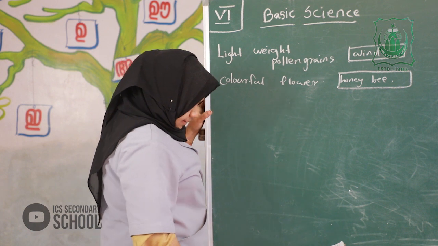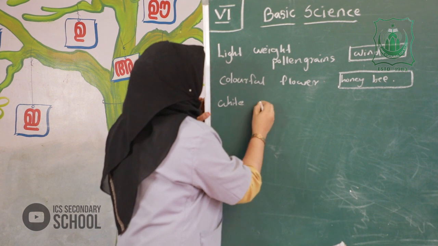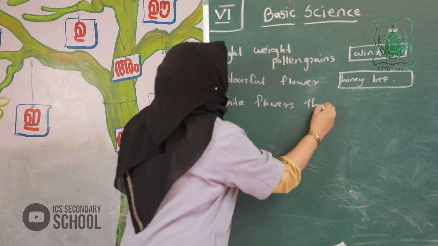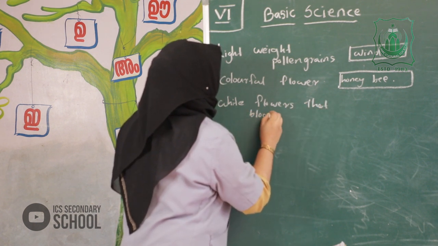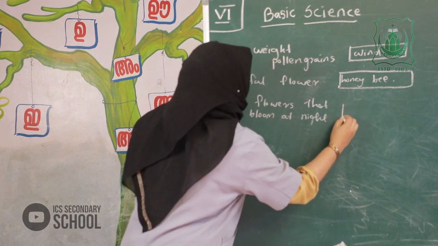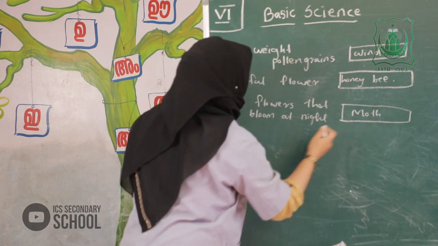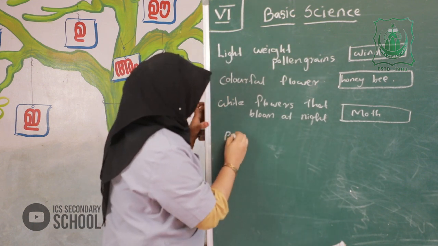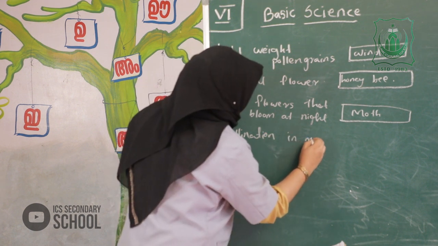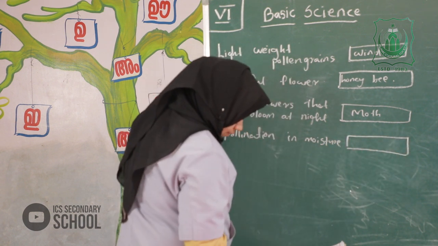Then next, white flowers that bloom at night, so they can be seen easily. Yes, moth. Then pollination in moisture. Which one? Yes, you know that, water.